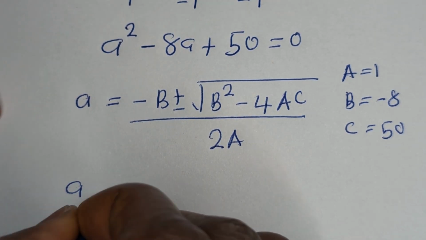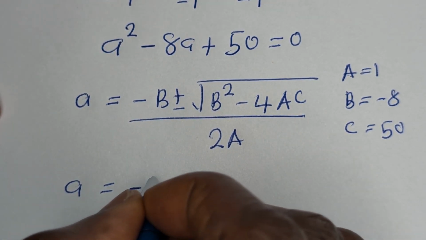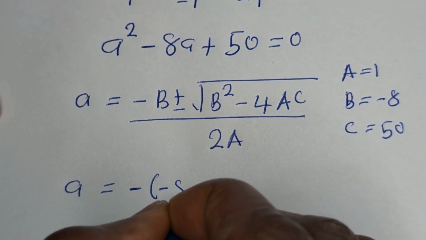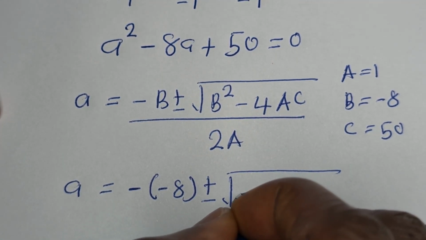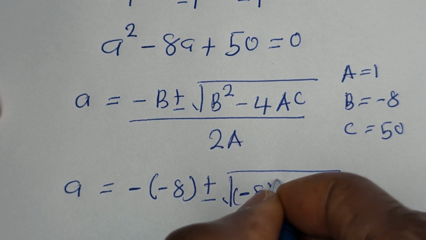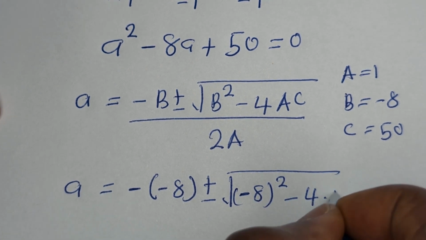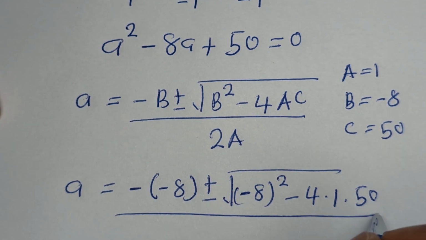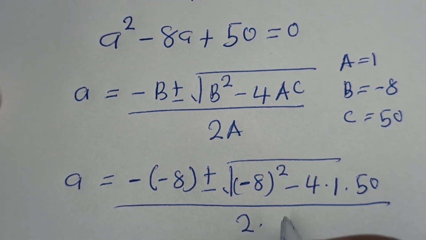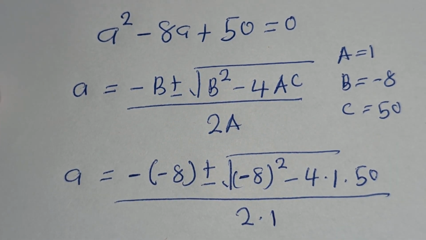Then a is equal to minus bracket minus 8 plus or minus square root of minus 8 square minus 4 multiplied by 1 multiplied by 50, divided by 2 multiplied by 1.